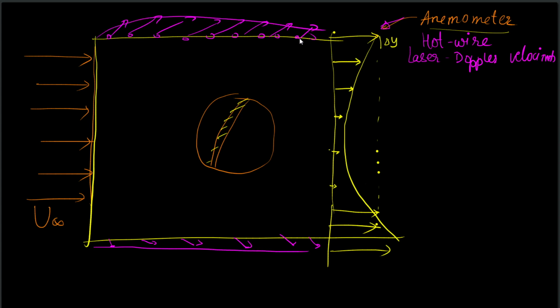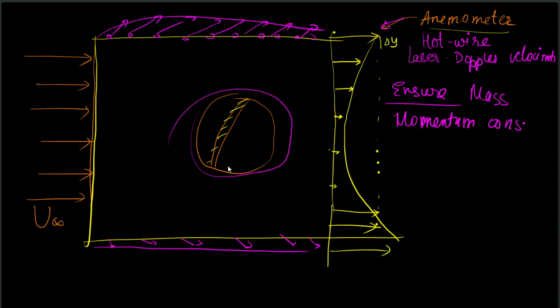You find out all the fluxes. You first ensure that mass is conserved. Then you move on to momentum conservation and you find out the drag acting on the cricket ball. Very crude way of doing it, but hey, it works.